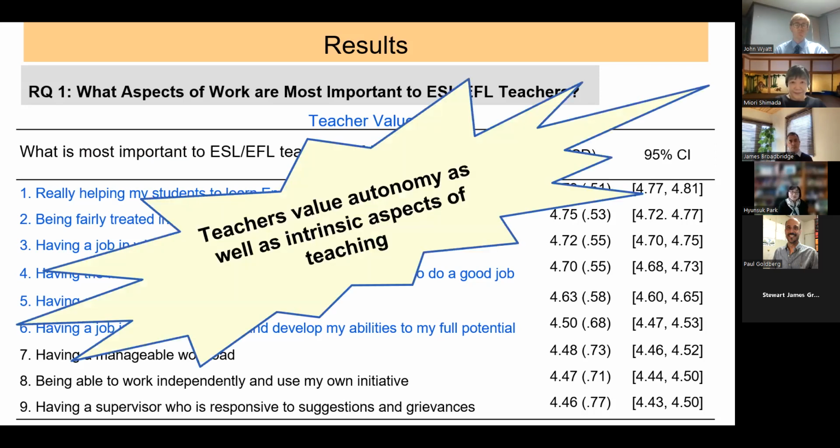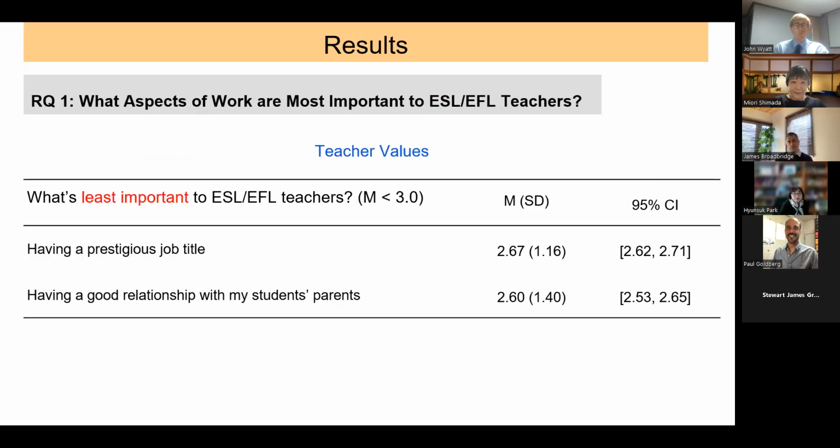The result indicates that our respondents value autonomy as well as intrinsic aspects of teaching. The least important aspects of teaching are having a prestigious job title and having a good relationship with my students' family. These 2 items were identified as the least important items in both the present and the original study.